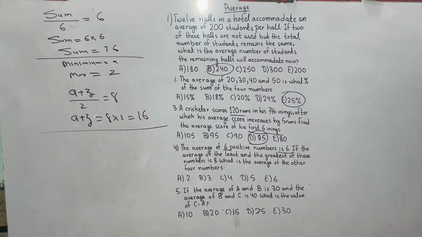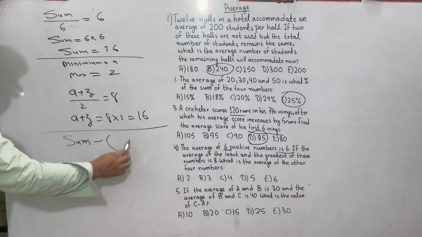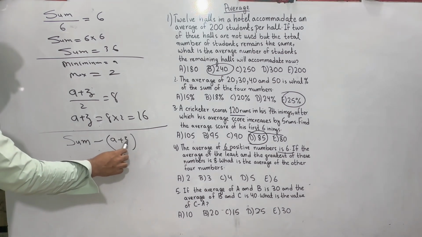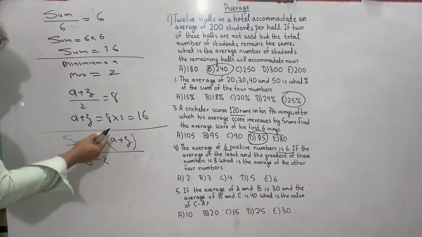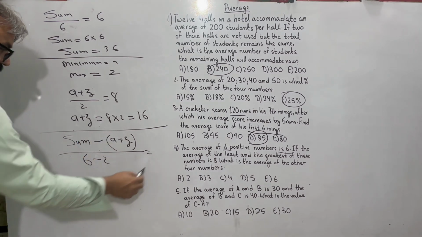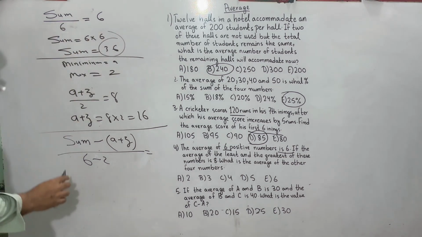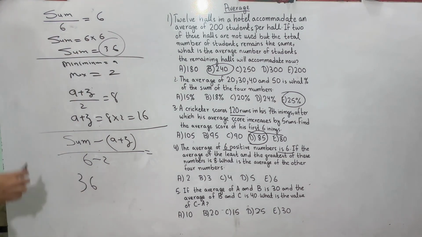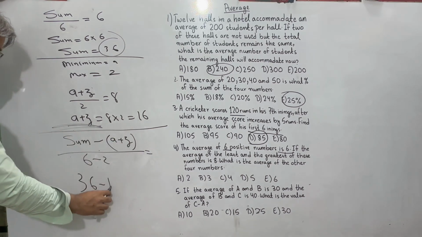We are asked to find the average of the remaining 4. Taking the sum and subtracting the value of A plus Z, divided by, instead of 6, now that we have subtracted 2 numbers, only 4 numbers are left. The sum of all 6 numbers is 36, while the sum of the minimum and the maximum is 16.